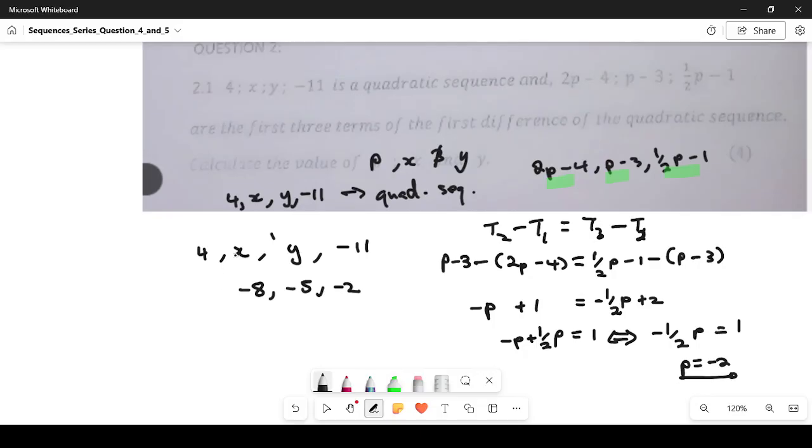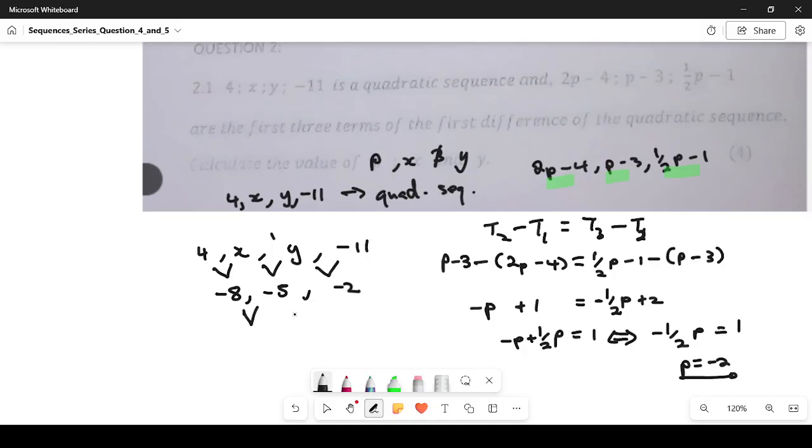So that means the difference between 4 and x, we've got minus 8. And then the difference between x and y is minus 5. But then for now, that doesn't matter.